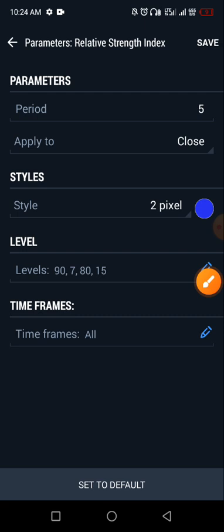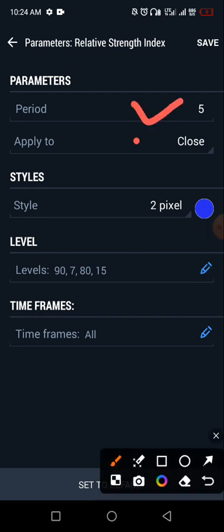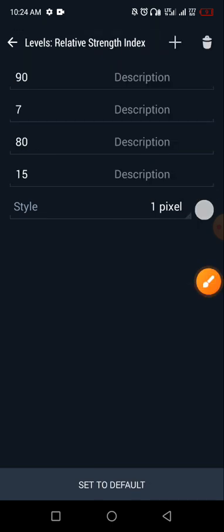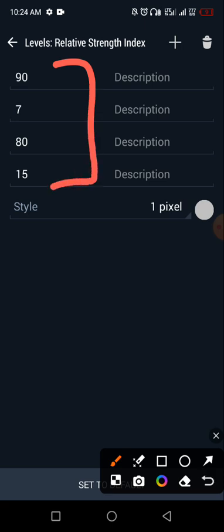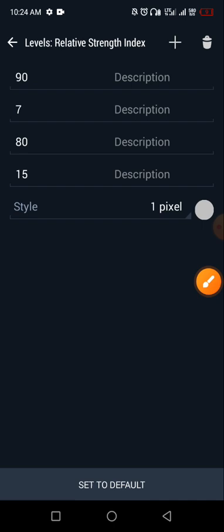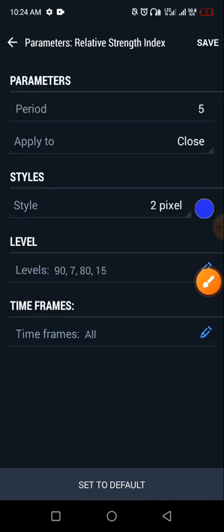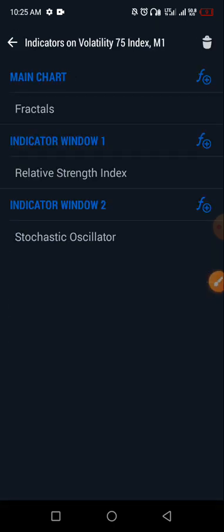You can see the period here, then apply to close, the pixel and the color. We have these levels here that we can use for our entry and our take profit. After that has been added, we can click on save.